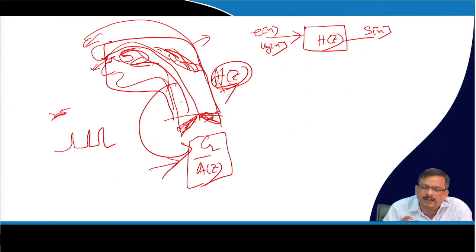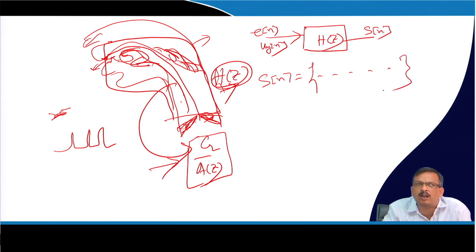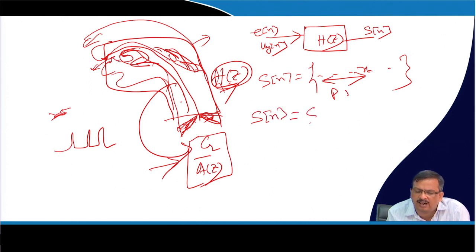So what is the meaning? If the speech samples are known for a particular time, then any sample can be predicted from the previous samples, let us say from p previous samples. So any sample s(n) is a combination, sum over k equal to 1 to p of alpha k times s(n minus k).